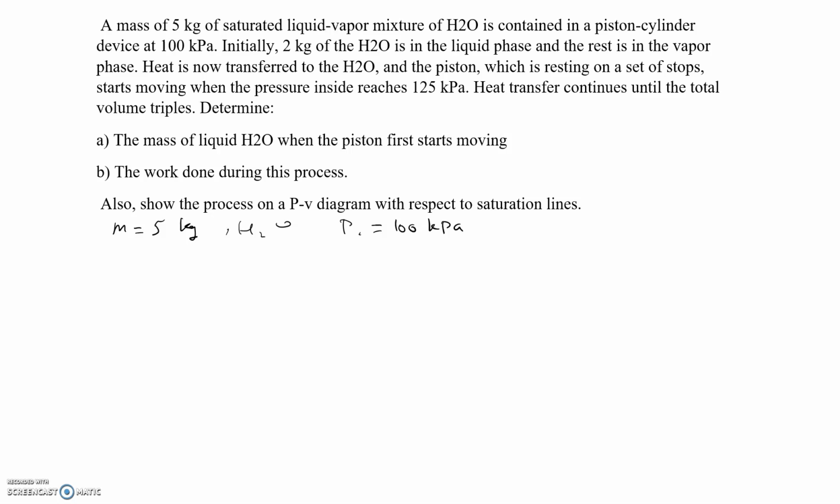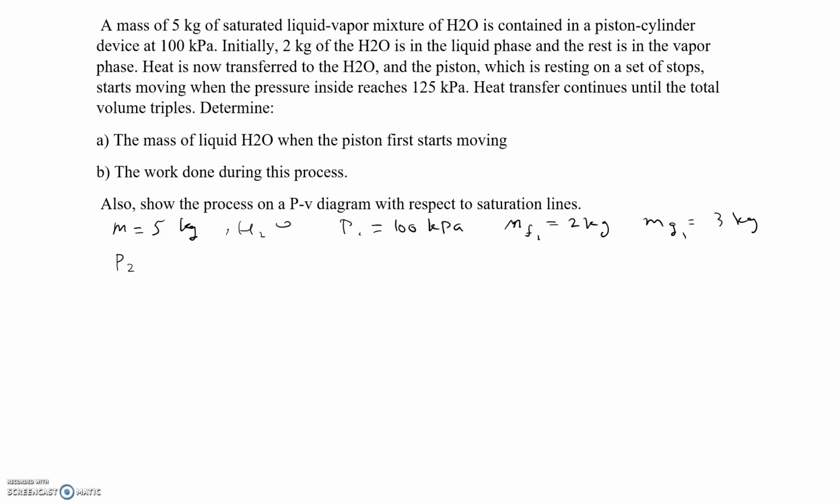Then the mass of liquid, which I just name f, is 2 kilograms. Mass of gas is 3 kilograms. And I should write mf1, mg1, because that's at state 1, right?